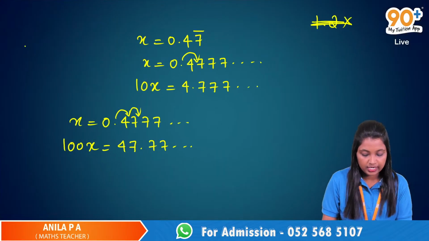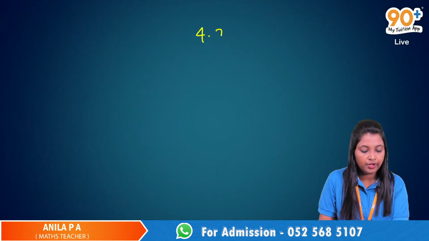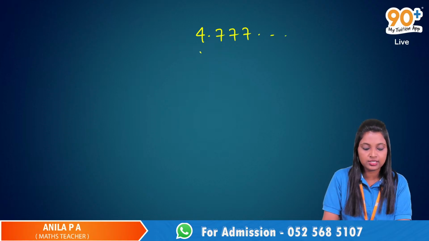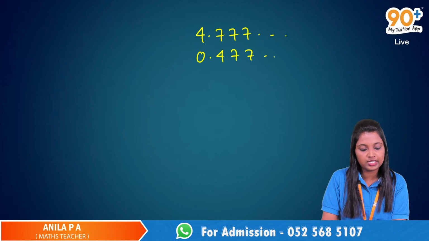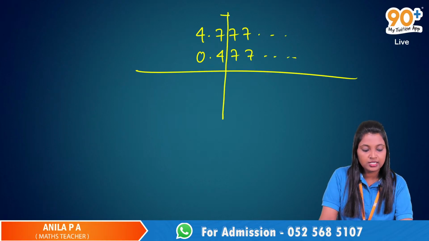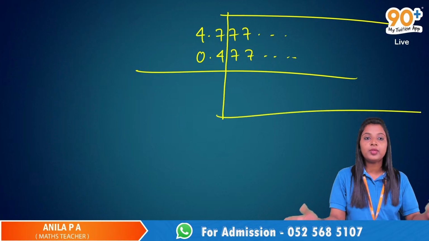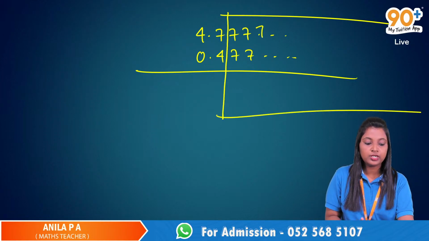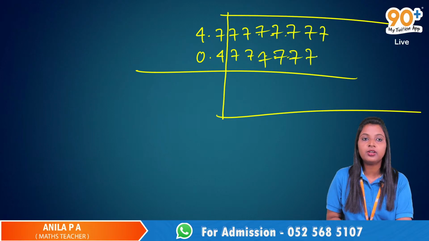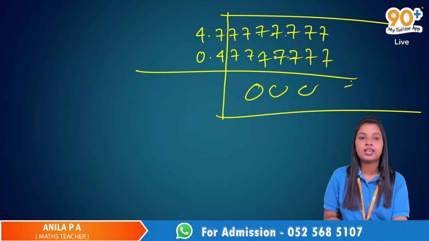Suppose it is 4.777 etc. I just put it like this and the other student writes 0.477 etc. When we subtract this, after this point it doesn't matter how many 7s there are. If you put 100 7s after this, all of them are going to be 0, right? 7 minus 7 is 0.